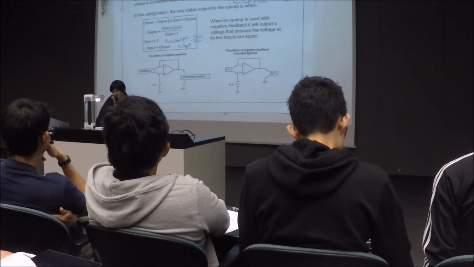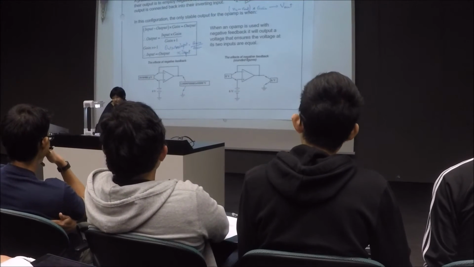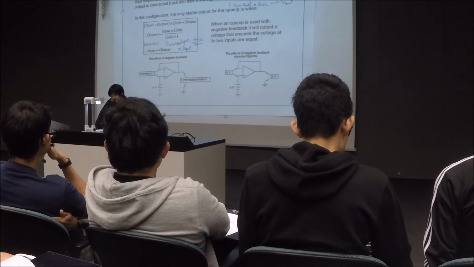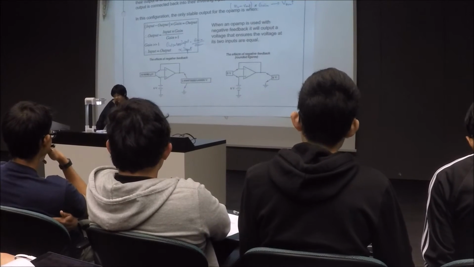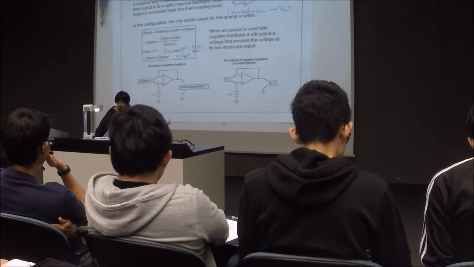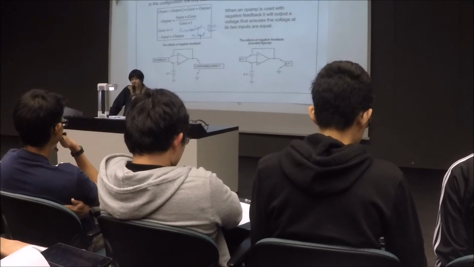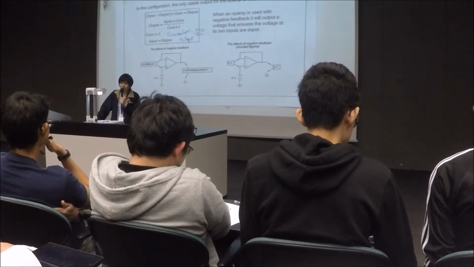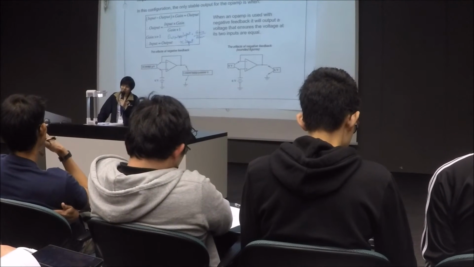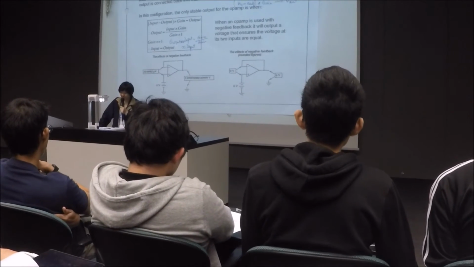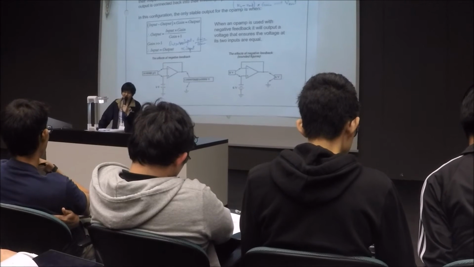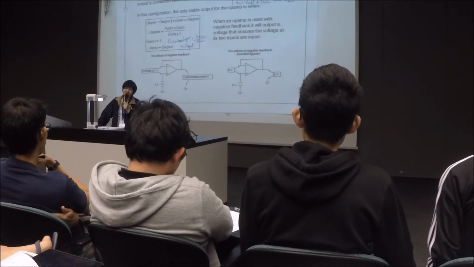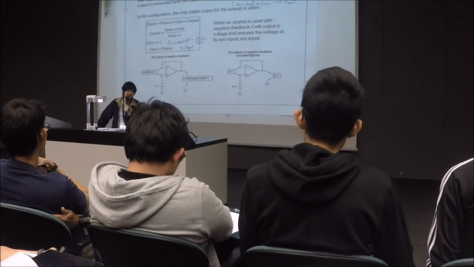Just now we talked about the inverting configuration and the non-inverting configuration. These slides show that the op amp, as we have discussed before, is all based on an open loop configuration, meaning we only have input and output, and they have no connection.